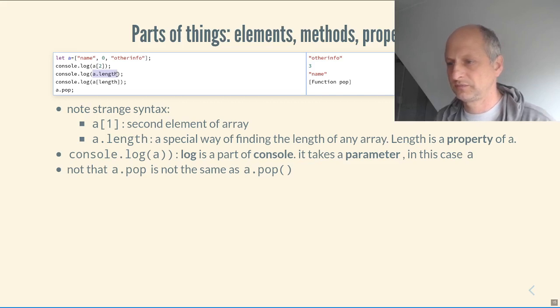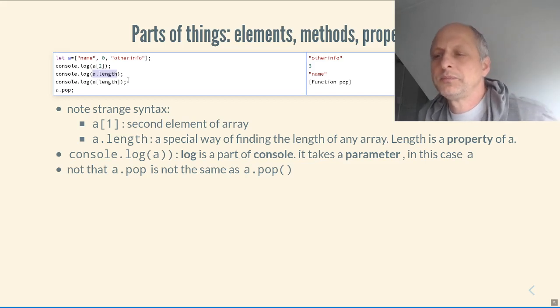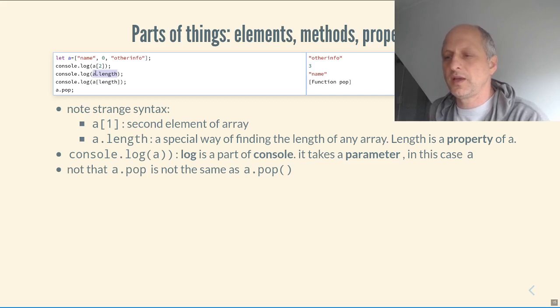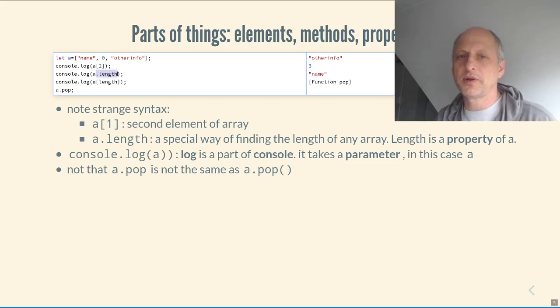A.length is a way of accessing a property of A. So A is an array, and by virtue simply of being an array, it has a whole bunch of properties, and one of the properties is that it has a length, and we access the length property of the array by writing the name of the variable A, and then a dot, a period, followed by the name of the property.